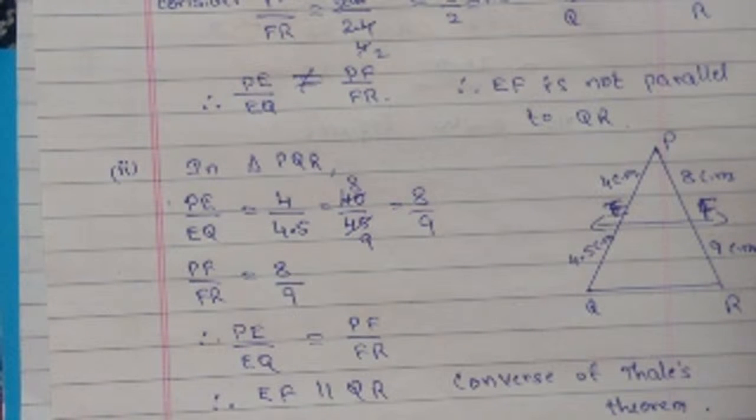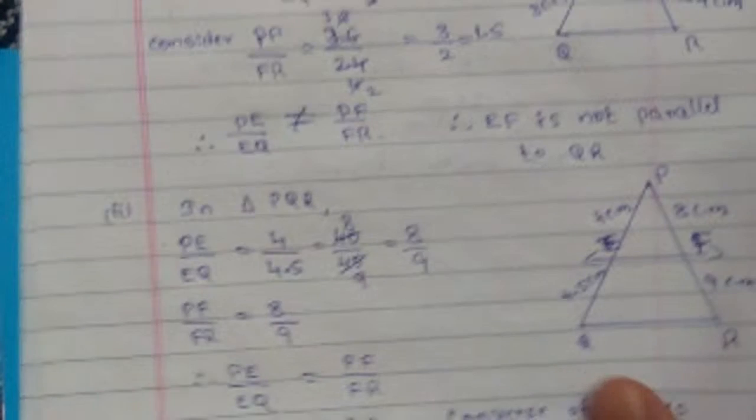If the ratios are equal, then the given line EF is parallel to QR. If the ratios are not equal, then the given line EF is not parallel to QR. The next one.